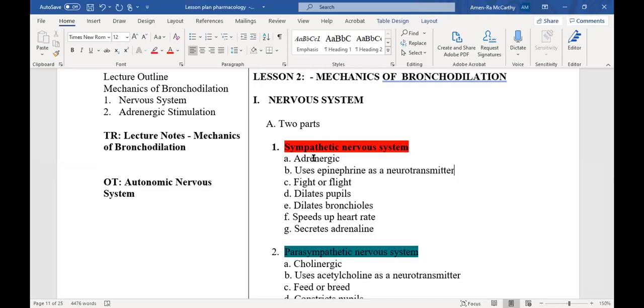And that's exactly what it is. The sympathetic nervous system, AKA adrenergic, AKA sympathomimetic. All of those are the same. And the reason why we say adrenergic is because it's pure adrenaline, right?